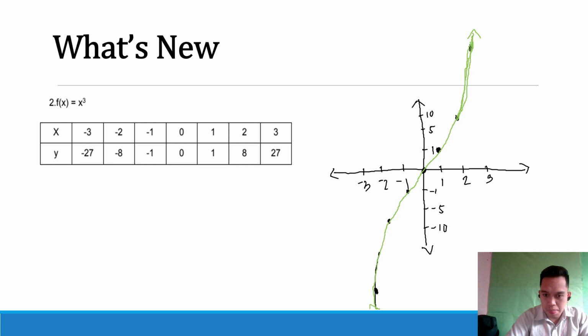Ayan. Okay, so ganyan yung ating magiging graph dito, class, sa ating number 2. Okay? So, i-connect lang natin. Ayan, dito yung ating mga points. Marunong naman na kayo mag-plot siguro ng points kasi tinuro na to before. Yan yung dinaanan ng ating graph.